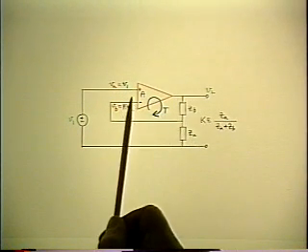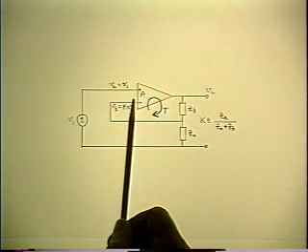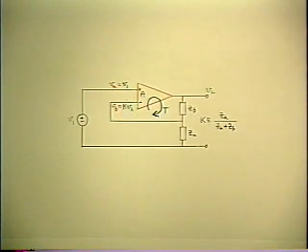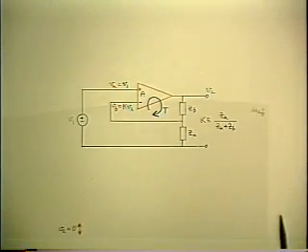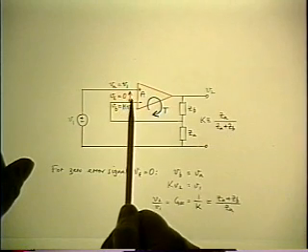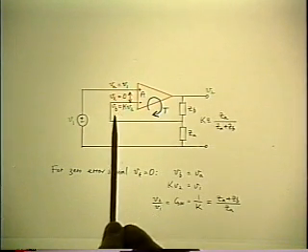Whatever the output is, it takes a vanishingly small input to get it, the larger gain you have in the forward path. And if the error signal is vanishingly small, what it allows you to say is that VA approximately equals VB.